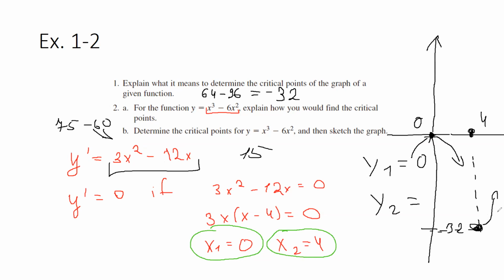So if I want to be exactly precise, I would find one more point in each of these intervals. For x equals 2, I would find the y coordinate. And I already know that my function is decreasing.